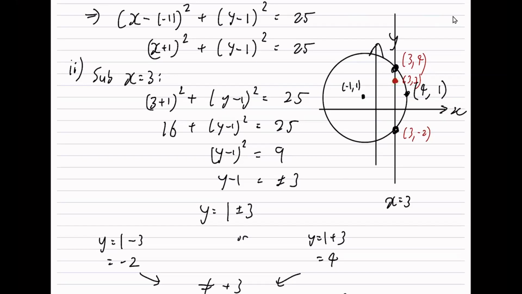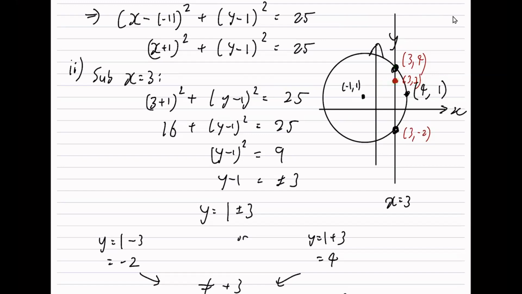This is the trick: you figure out one of its x coordinates, sub in x, then find the corresponding y coordinates. If it's smaller, it's inside. If it's bigger, it's outside. Here our corresponding y coordinates are 4 and negative 2, which sandwich the y coordinate of 3. 4 is bigger and negative 2 is smaller, so definitely it's inside. Based on the picture, it's quite obvious.